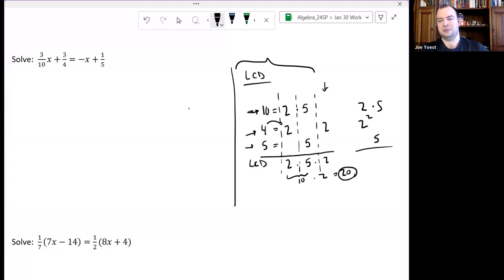Your instructor might have taught you to just write each prime factor down and raise it to the highest power that you see anywhere. You could do it that way as well. It's a little more abstract because we're dealing with exponents, but if you like that way of doing it, it's exactly the same thing.